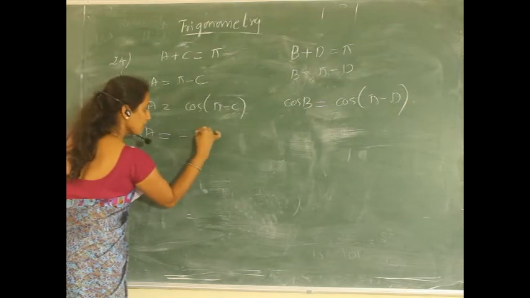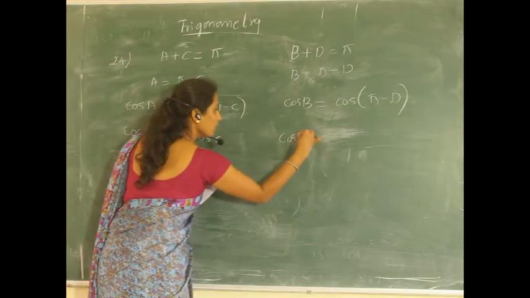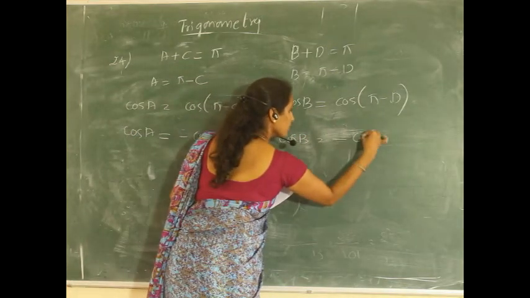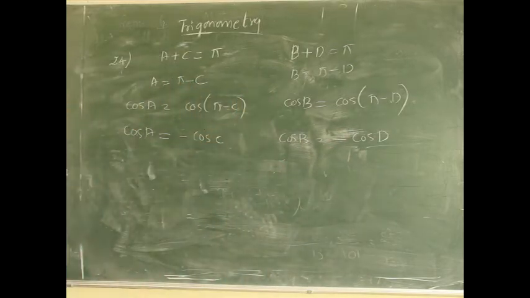Here cos B is equal to minus cos D. Because the angles are pi minus C, that means in the second quadrant, so it is negative.